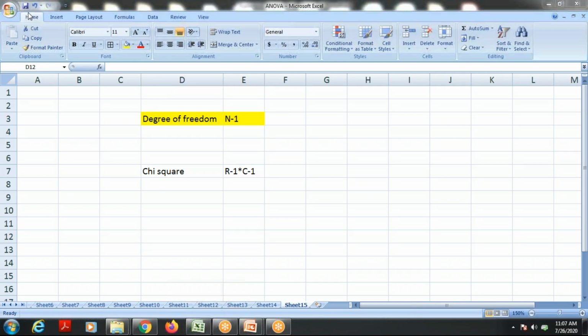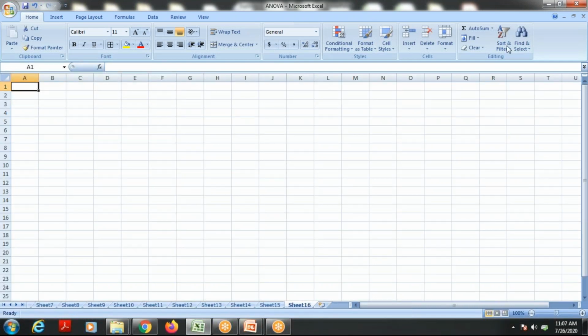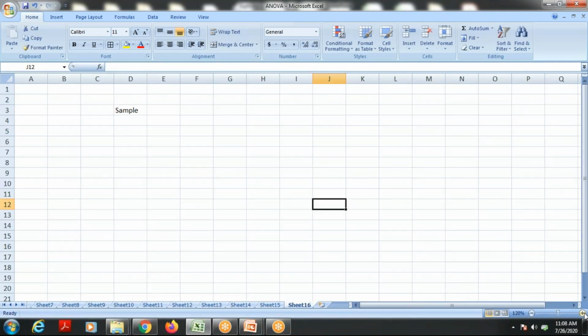And I will tell you the context for this one, what degree of freedom is and why it is so important. Okay? So I will give you an example. In statistics, whatever we talk about is in terms of sample, and listen to it very carefully, we consider on the basis of sample.